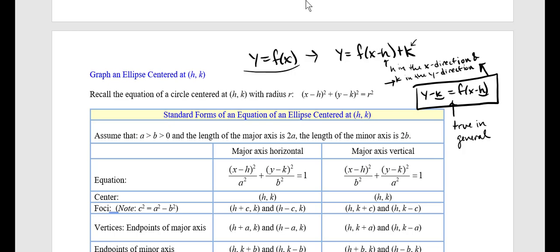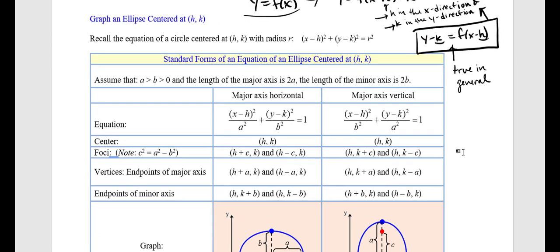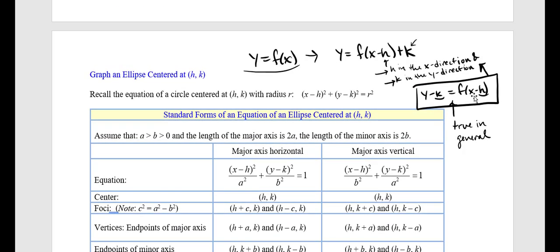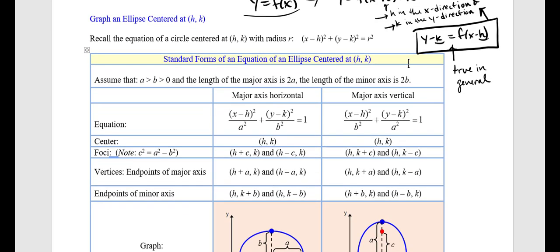And whatever you subtract from your x value, you're shifting that many units in the x direction. Right? And when I say that many units, if you are subtracting a negative, for example, you would go negative in the x direction. But subtracting a negative is really like adding a number here. So that's how we get that plus inside, meaning a shift left in the x direction, the negative x direction.